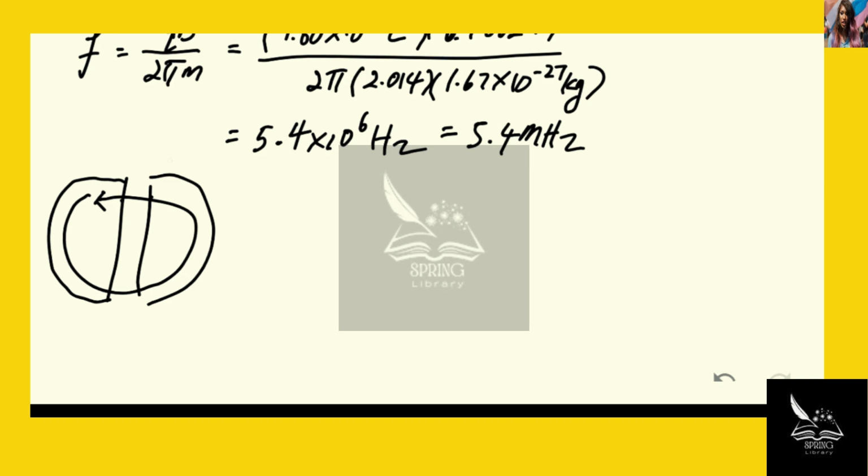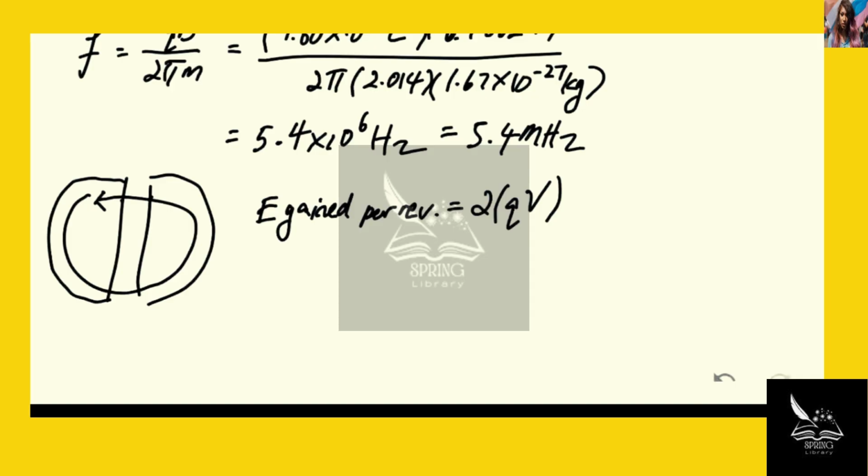So it will be accelerated twice for every revolution, and we know the amount of energy gained is QV. So the energy gain per revolution will be equal to 2 times QV, because there are 2 acceleration positions, and the energy gained per acceleration will be equal to Q times the potential difference.